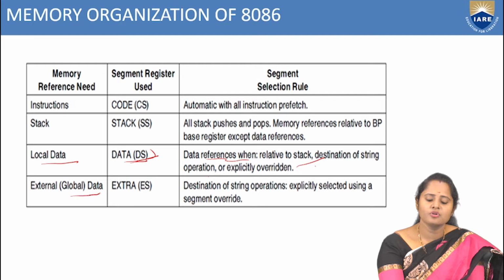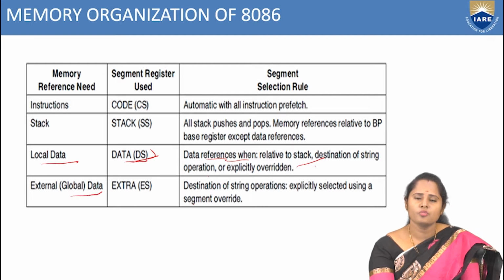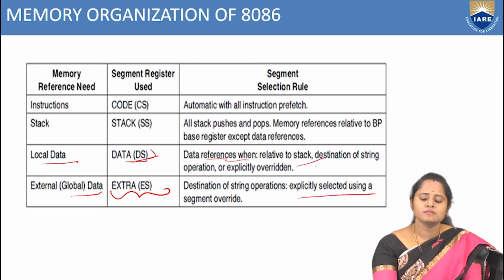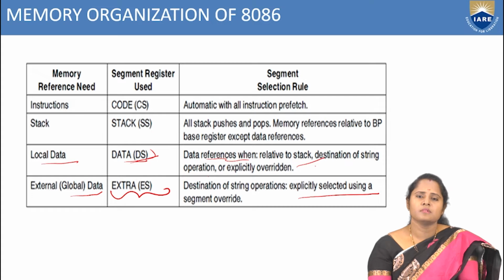The next one is external global data. External global data you can define as the extra segment. So explicitly it can be given to the extra operations, like the destination of string operations.